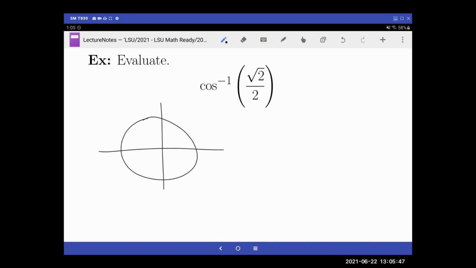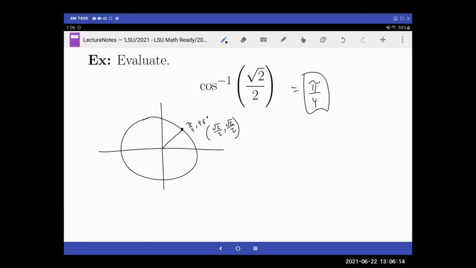If you need to draw it out, you can, but you might be able to picture it in your head. You know that this point right here, which is at pi/4 or 45 degrees, is where you'll have square root of 2/2, comma, square root of 2/2. And cosine, we're referring to the x value here. So pi/4 or 45 degrees would be our answer here.